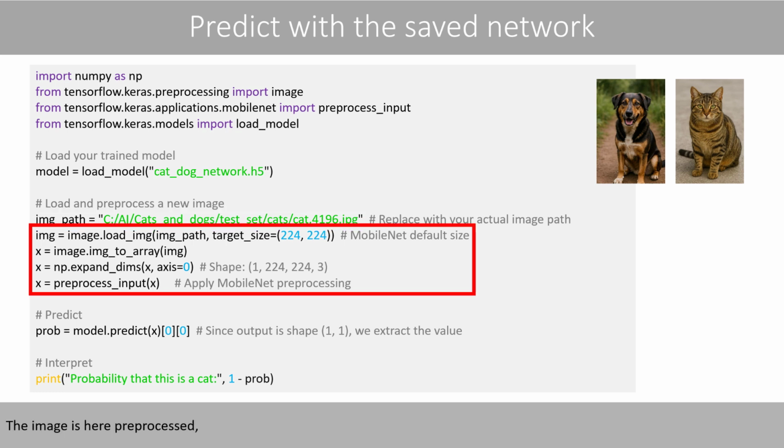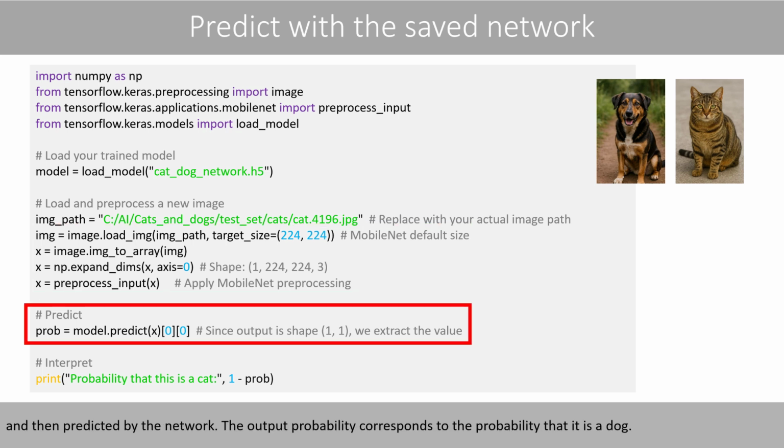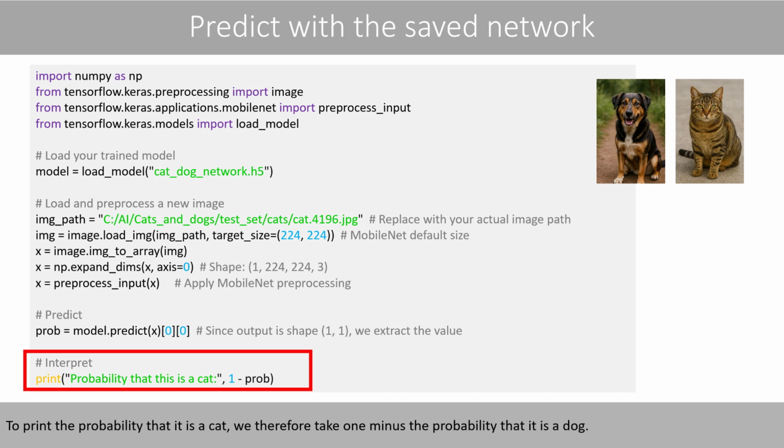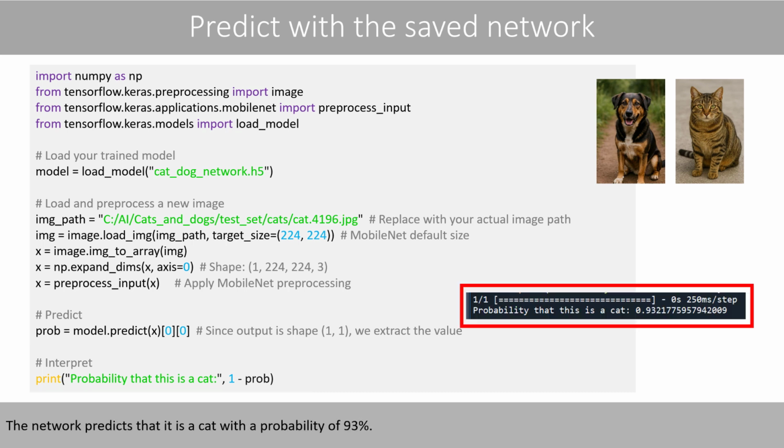The image is here preprocessed and then predicted by the network. The output probability corresponds to the probability that it is a dog. To print the probability that it is a cat, we therefore take 1 minus the probability that it is a dog. The network predicts that it is a cat with a probability of 93%.